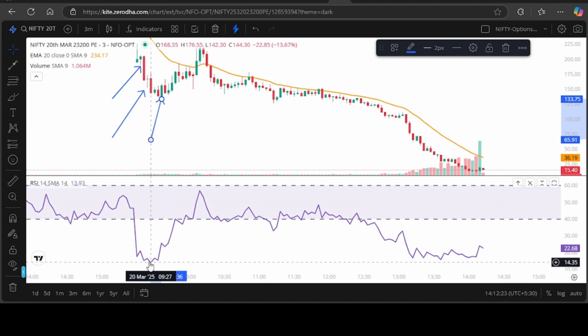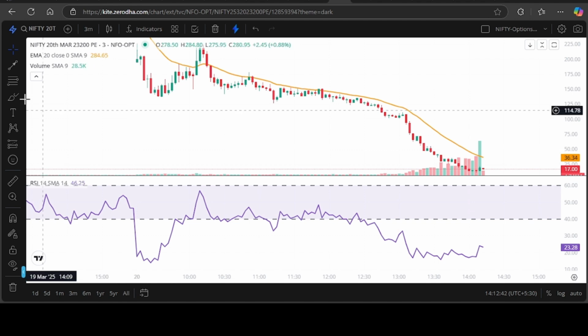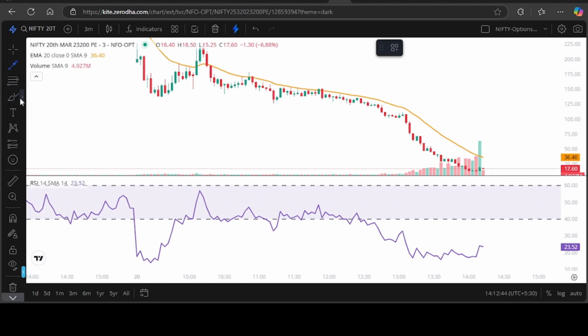Because it's not fitting in the RSI support and resistance strategy. When it doesn't fit, if it is near to our strategy, similar to our strategy, then I might take a go-ahead or I might trade that. But here it is not. So a big no.